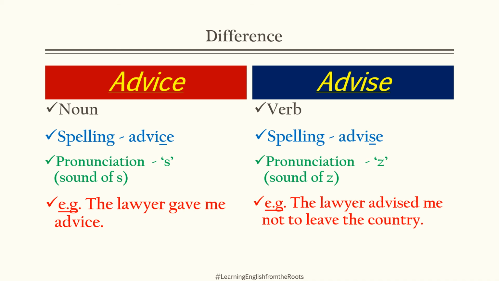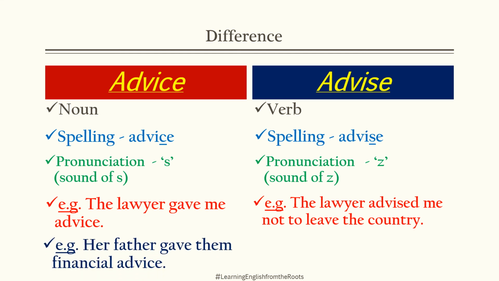So here this word advised has been used as a verb. That is why the spelling is advised. So remember this, whenever you use it as a noun, the spelling will end with CE, and when we use it as a verb, the spelling will end with SE.